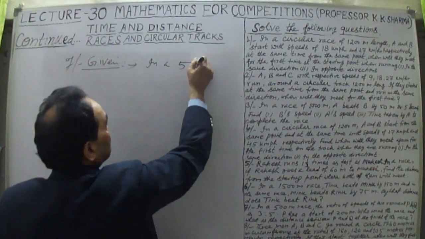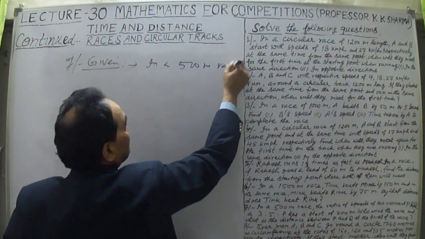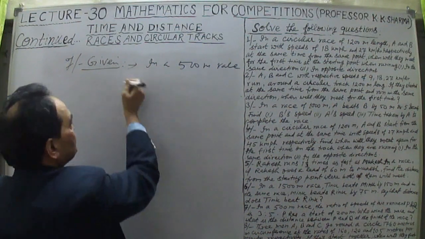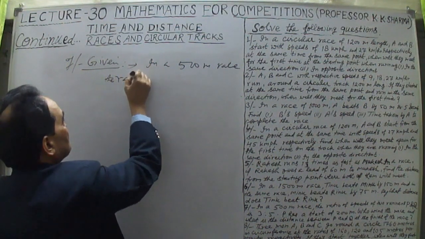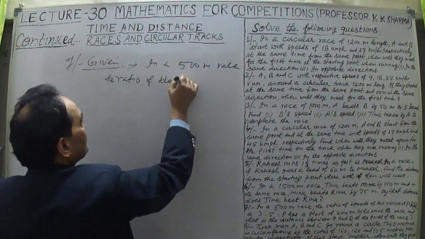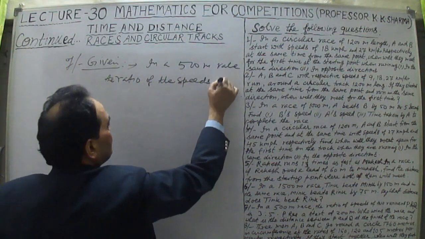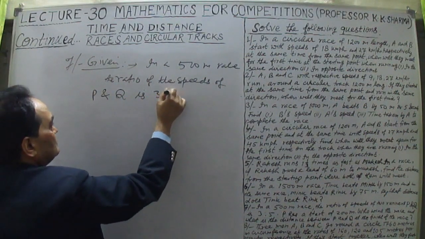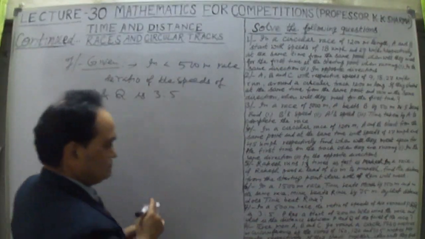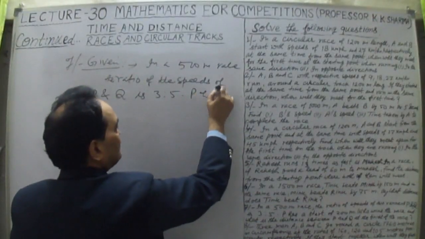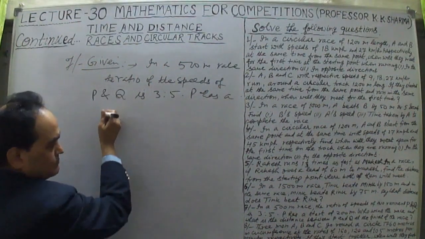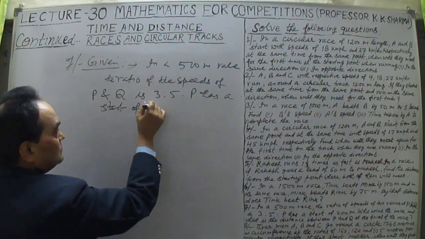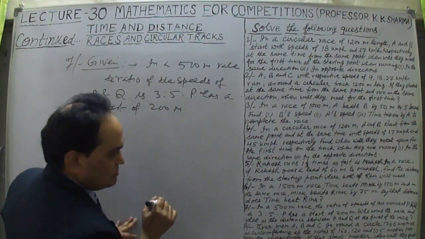In a 500 meter race, the ratio of the speeds of P and Q is 3:5. We are given here. Now, second says P has a start of 200 meters. All right.